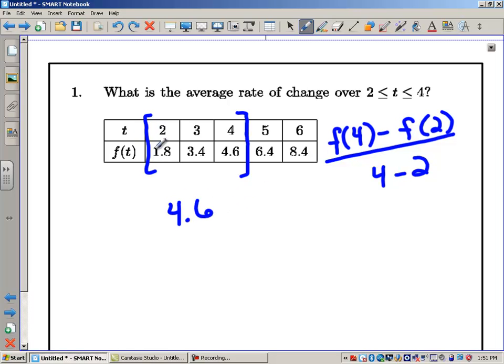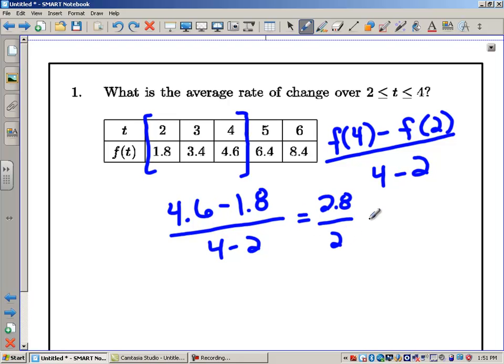F of 2 is the y value at 2, and that is 1.8. And then, of course, we have 4 minus 2 down here. So I've got y2 minus y1 over x2 minus x1. So what do we get here? This is 2.8 over 2. And when we divide those, we get 1.4.